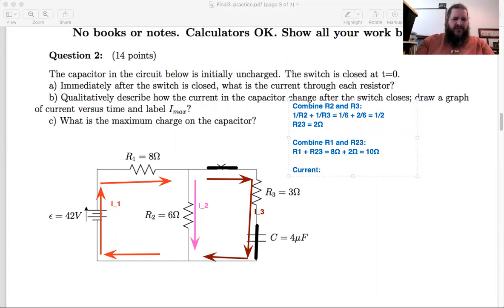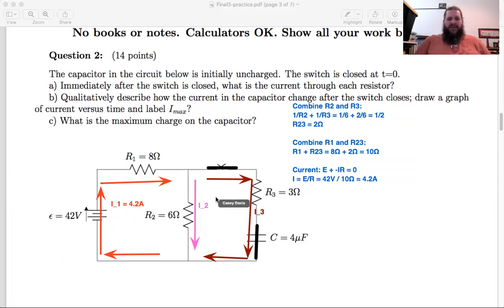Actually, I'd write it as epsilon plus negative IR equals 0, because we've got epsilon from the battery plus negative IR from that effectively one resistor. Those add up to 0. So I is going to be epsilon over R, 42 volts over 10 ohms, which is 4.2 amps. So that's the current through the battery, which is also the current through resistor 1. So we know resistor 1 has 4.2 amps of current at the beginning, before the capacitor charges at all.